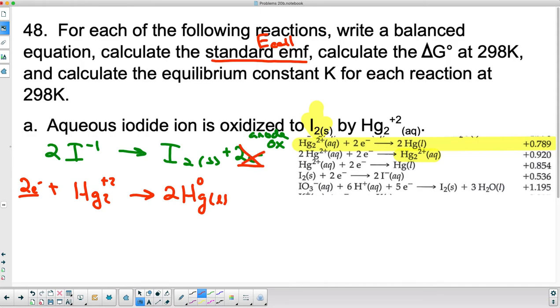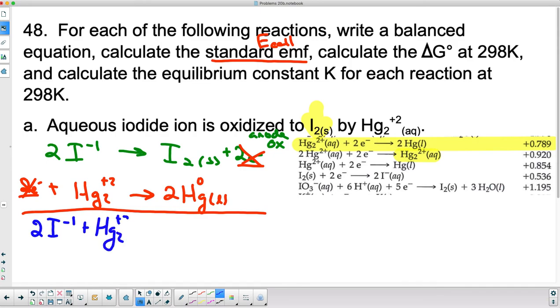So when I put them together and write out the whole thing, I got 2 iodides with a -1 plus Hg2 with the +2. On this side, I have I2 as a solid plus 2 mercuries as liquid like that.